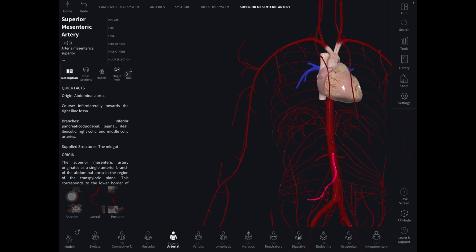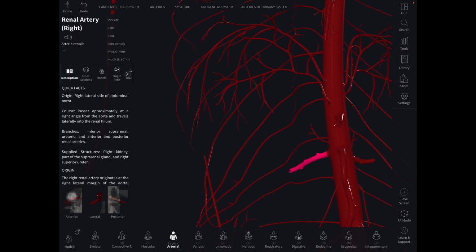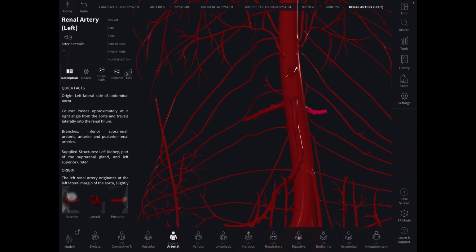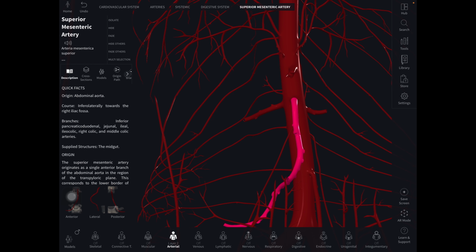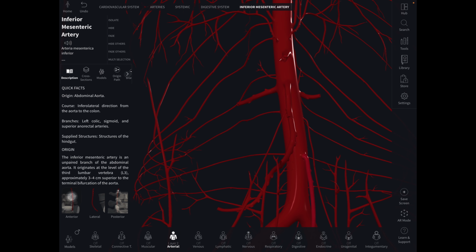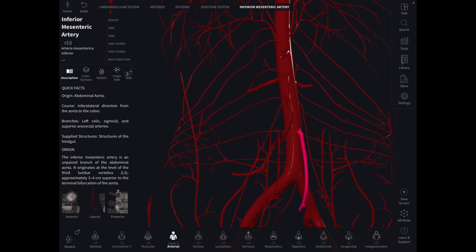And there's the superior and inferior mesenteric arteries. Okay. Renal arteries. These are early blood supply. They supply blood to the kidneys and adrenal glands. Okay, then as we branch down, again, we have the inferior mesenteric artery. So again, lower structures of the GI tract.